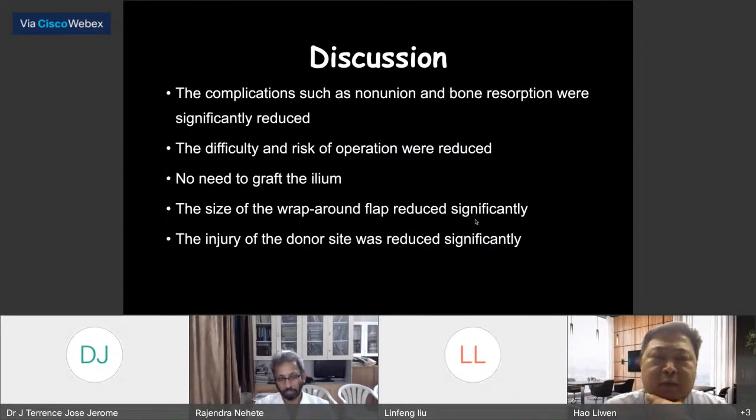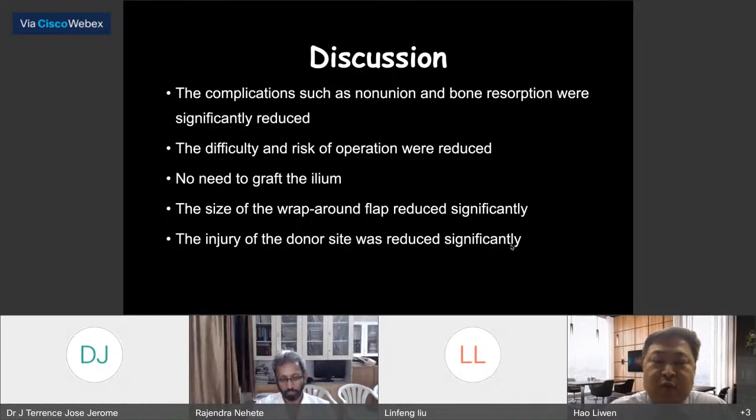This method has some advantages and disadvantages. The complications were significantly reduced, and the difficulty and the risk of the operation were also reduced, and we don't need to graft the ilium.